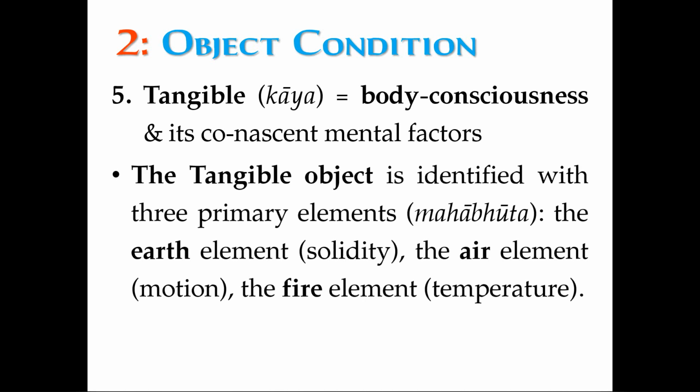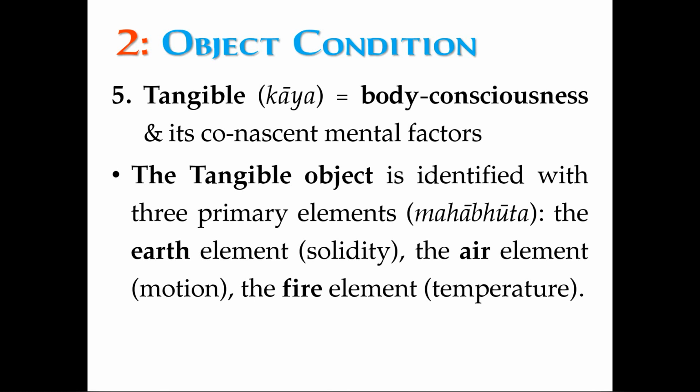And the last one, here the tangible object is identified with the three primary elements or three great essences: the earth element, the air element, the fire element.